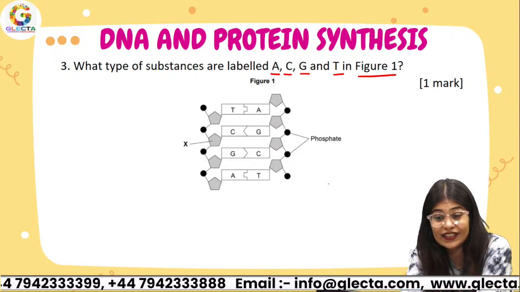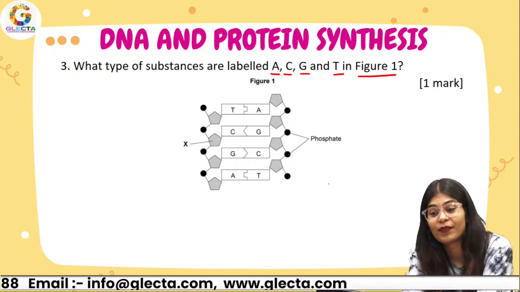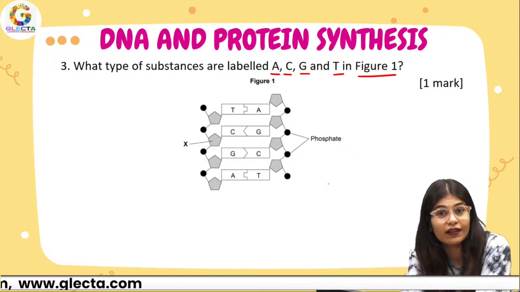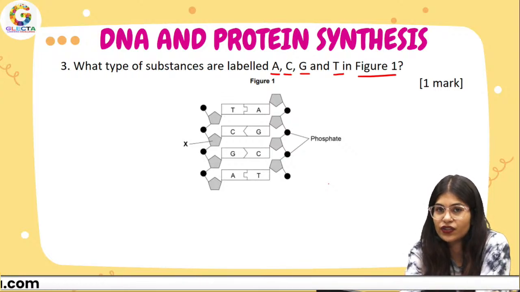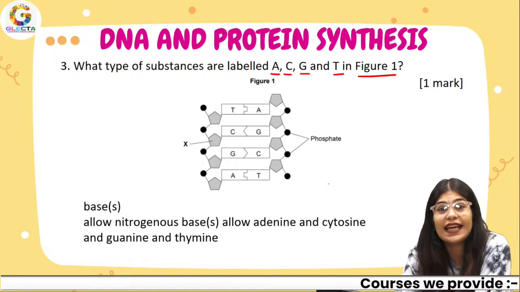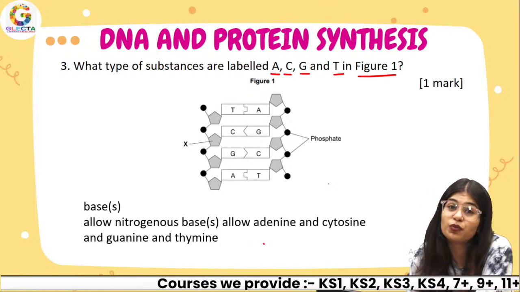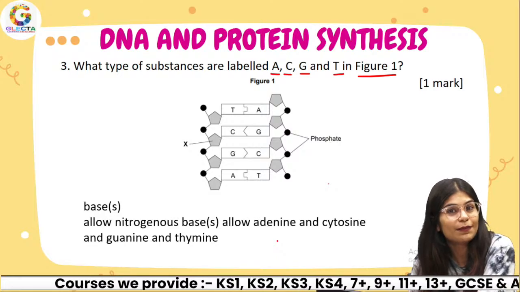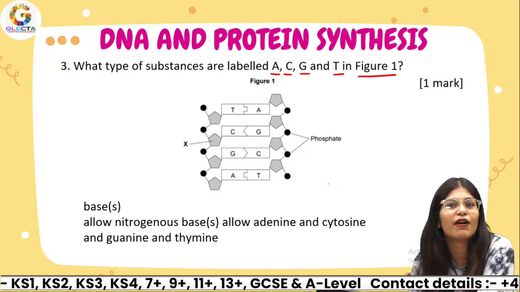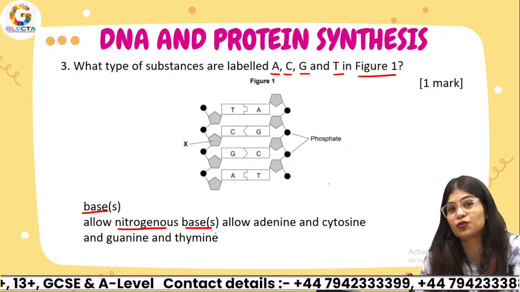Nitrogenous bases, that is correct, Mothership. Michael says bases, that is correct. But Michael, I would want you to be a little more specific. When you say bases, bases is correct. But for the safer side, because we have to be specific for the words we're using, you should say it's nitrogenous bases, lesser chance of losing marks. So bases would be correct, nitrogenous bases would be correct.